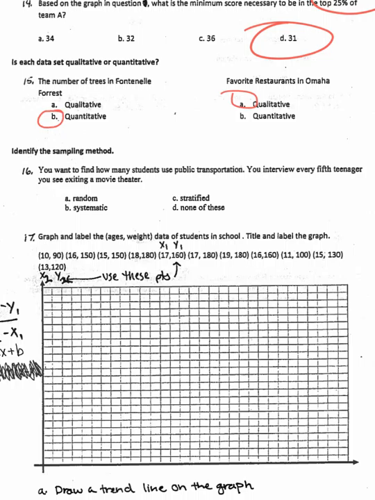Well, remember random is like if you pull names out of a hat, and stratified is when you split people up into groups. None of these is obviously none of the above. And then it would be B, systematic, because you're counting or interviewing every fifth teenager or every so many place of a person, so that is B.